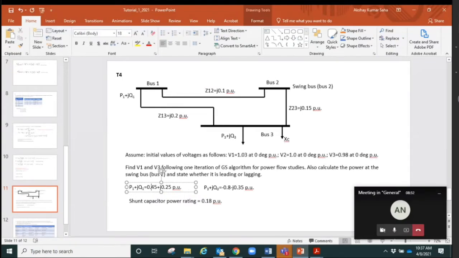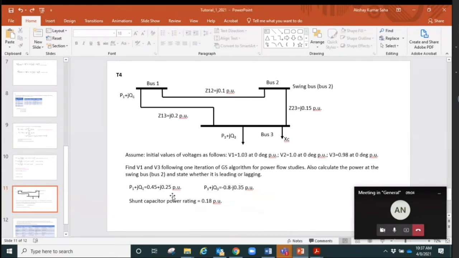So in this case, we are asked to find out the voltages at bus 1 and bus 3, and then we also need to find out the power at the swing bus, meaning at bus number 2, and also mention whether the power is lagging or leading in terms of the swing bus.